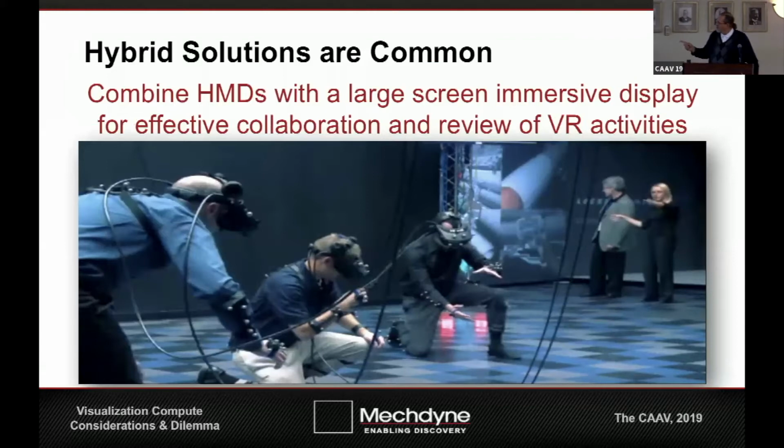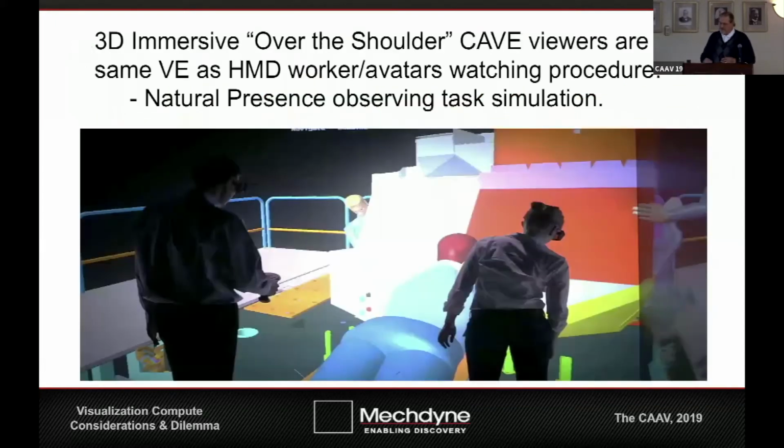This is a good hybrid example of a lab that uses 3 or 4 HMDs. They also have a CAAV. That CAAV is often used for data presentation. Like in this example, there's windows up for each of the HMD views. But they may also use it for virtual observation of avatars of the people wearing the HMD.